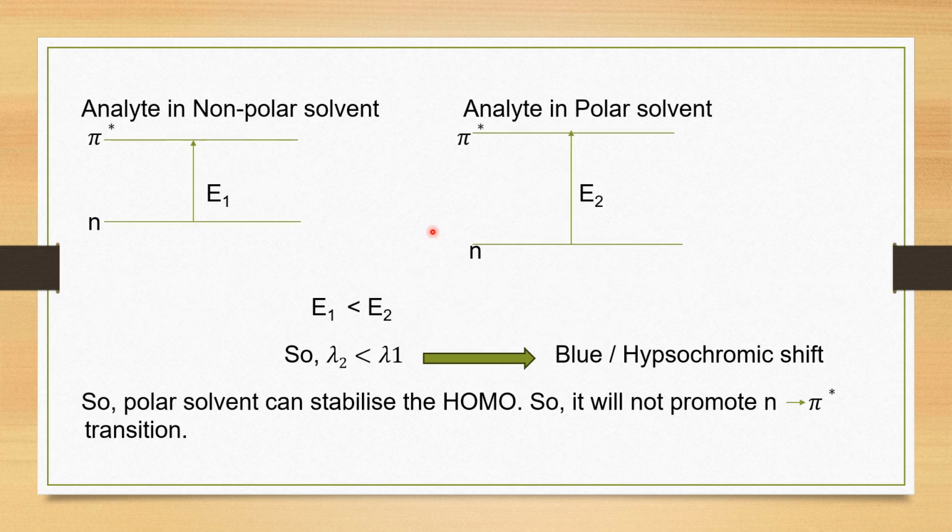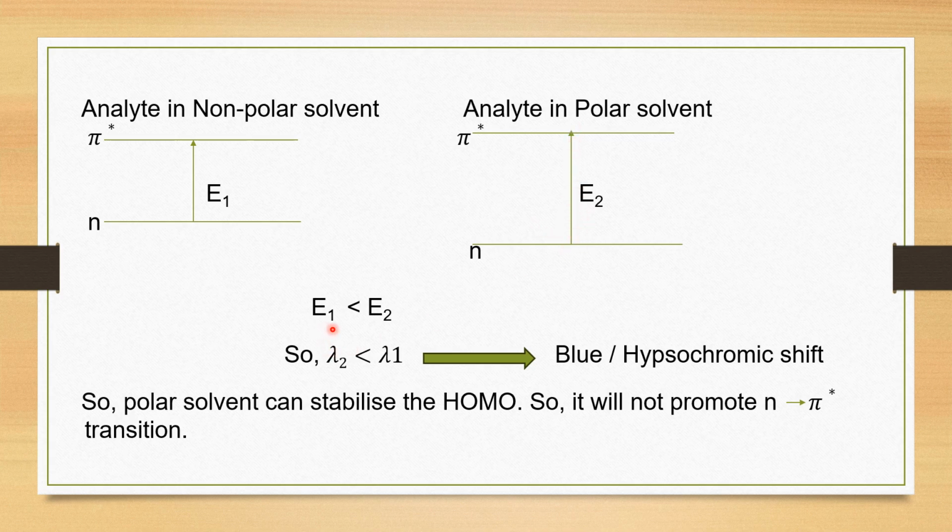In a detailed way, if we take that analyte in nonpolar solvent, this is the energy required for n to pi star transition. When it is taken in polar solvent, this is the energy E2 for its transition, as it is stabilizing the HOMO. This is HOMO, this is LUMO, as it is stabilizing the HOMO due to more hydrogen bondings. The energy required is more in the polar solvent.